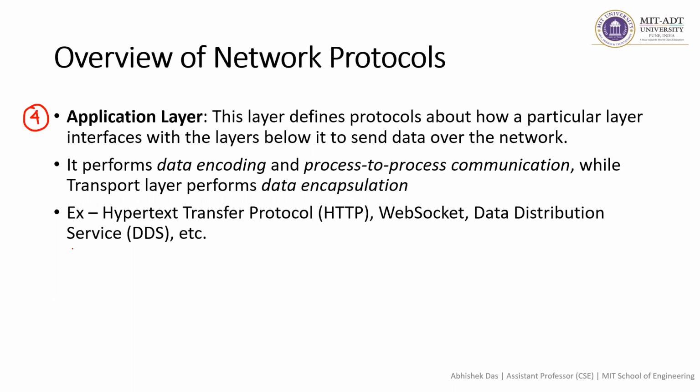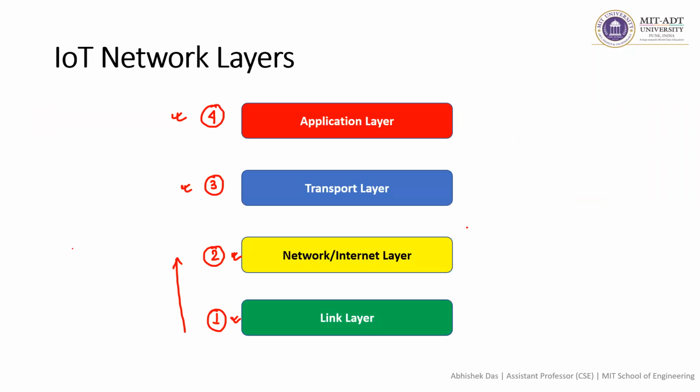So the application layer provides the service of interfacing, that is, how the different layers send data from one layer to another, which means how the different layers are communicating in between.